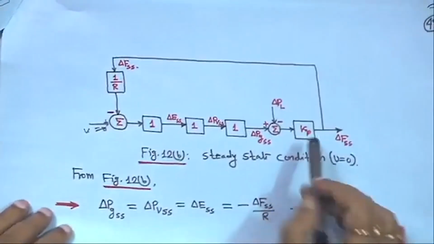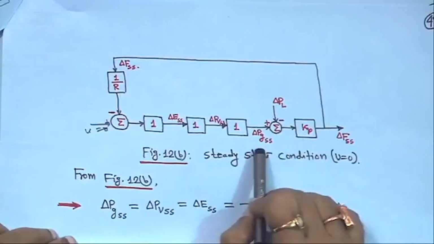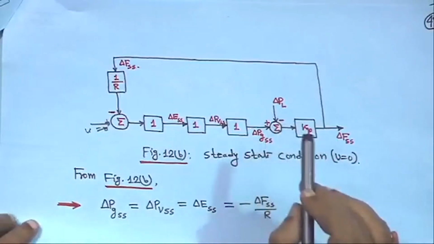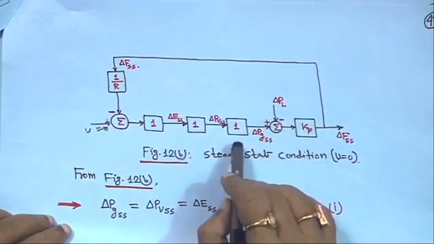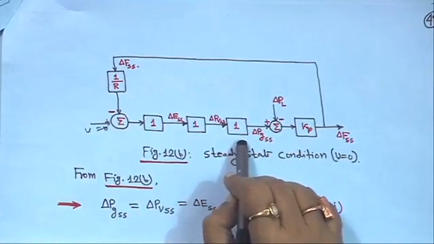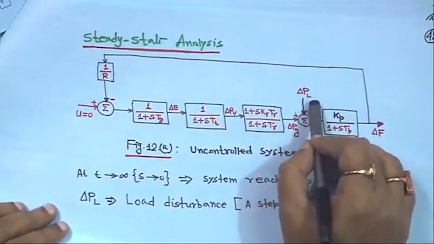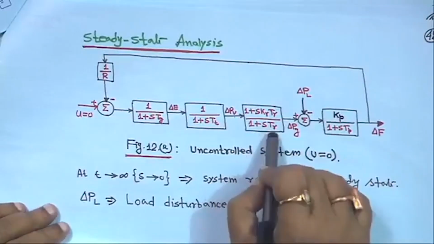Similarly, from this block diagram you can write delta FSS is Kp into delta PGSS minus delta PL. Even though it is a step input, as we have already put t tends to infinity meaning S equal to 0 in this block diagram, do not make it delta PL upon S, because we have already put it here.